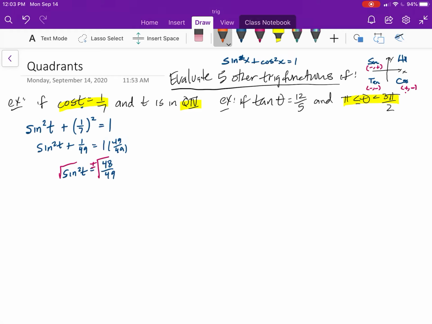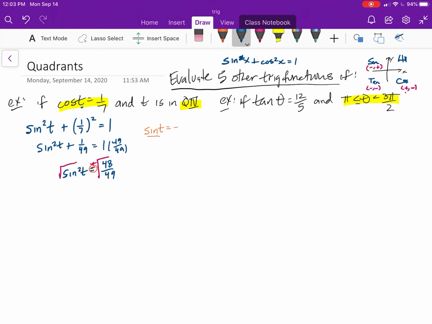Knowing whether each of these are positive or negative, like if I'm in quadrant 4, I know sine of t is going to be negative from the get-go, right? So either make that note right when you begin, or remember when you do a square root, it's plus or minus, and in this case I'm in quadrant 4, I want the negative, all right?